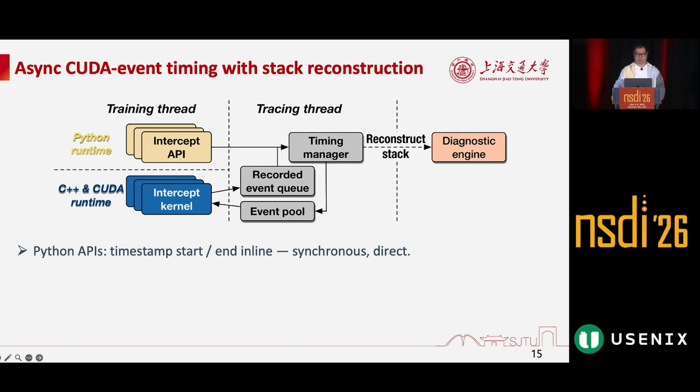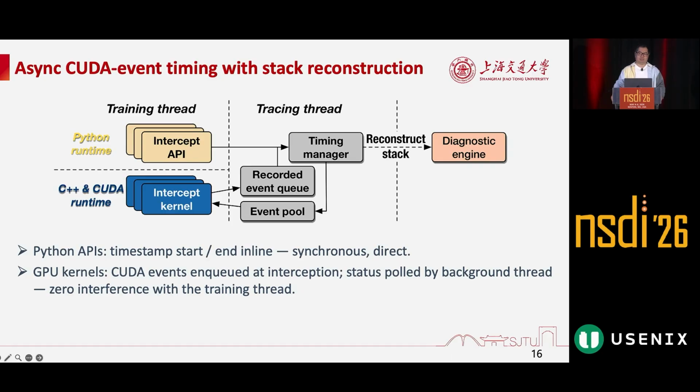Next, I will introduce how to collect runtime metrics like timing. I think it's one of the most important metrics. The Python API is quite simple because it's sync, so we just need to keep the start and end timestamps directly when it is called. However, GPU kernels are a different story. They are async here.